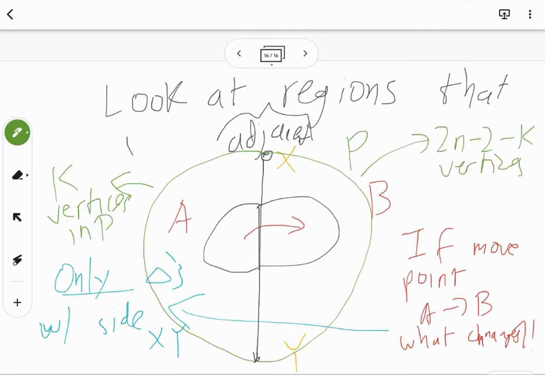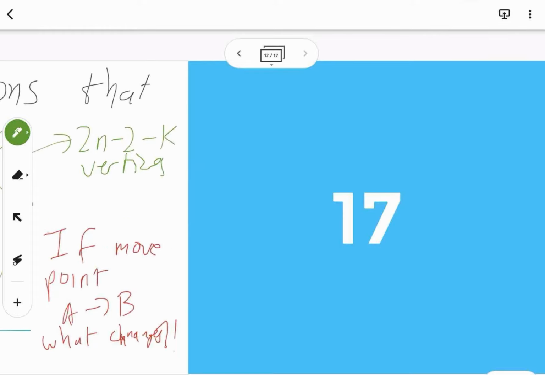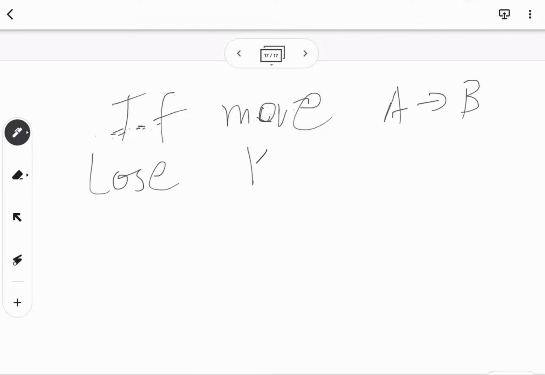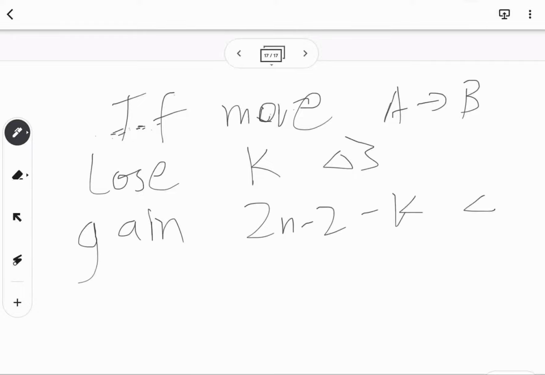So if we move A to B, we lose k triangles, and we gain 2n minus 2 minus k triangles, right? So in total, we get 2n minus 2 minus 2k triangles.